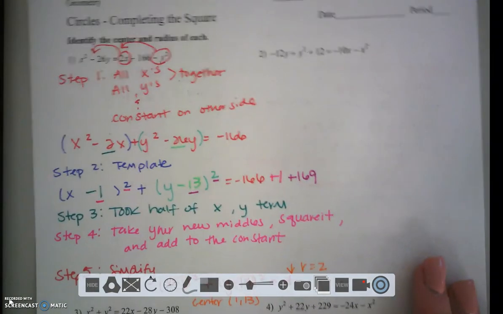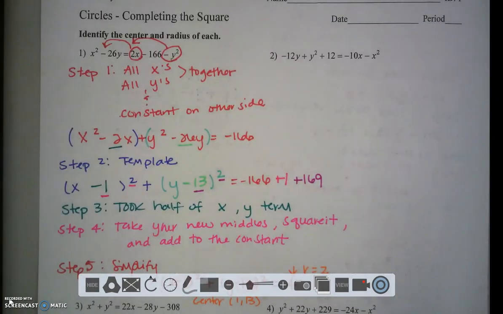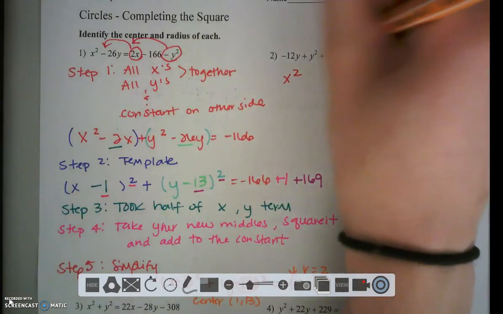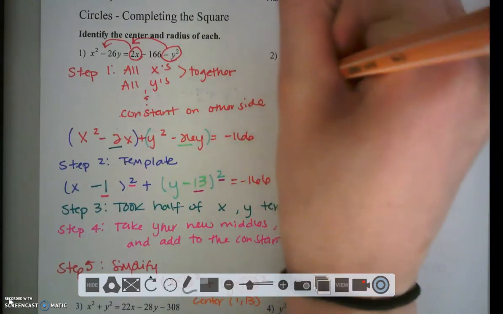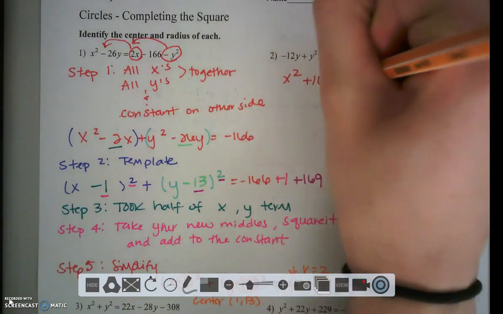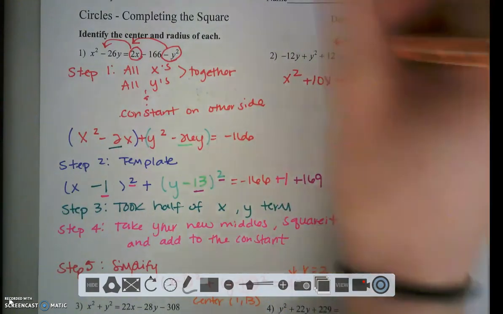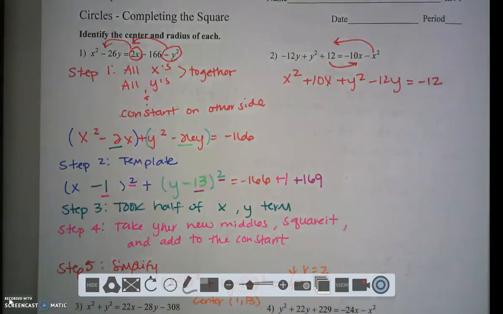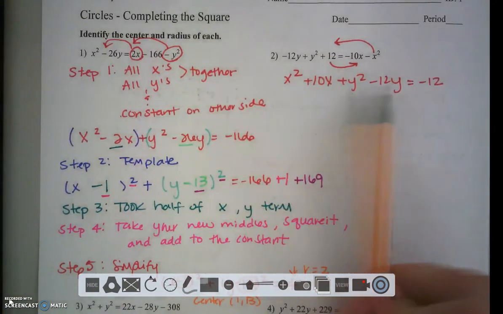First step, let's put everything near each other. So this is going to be x squared. I'm going to move it over. And 10x plus y squared minus 12y. And I'm going to move this one over, equals a negative 12. Okay, x's, y's, constant.